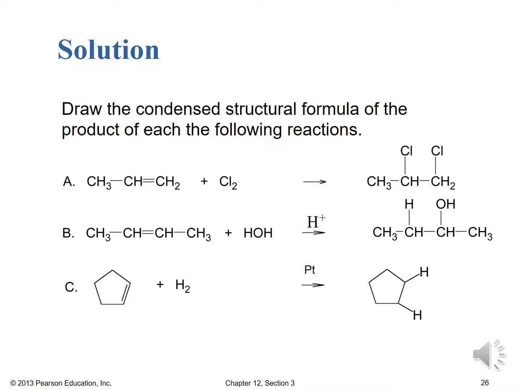Fortunately for you, in this case, they happen to each have one hydrogen. Each of the carbons involved in the double bond has one hydrogen. So when that's the case, and we have actually a symmetrical molecule here, it does not matter which gets the hydrogen and which gets the OH because nobody has more hydrogen to begin with.